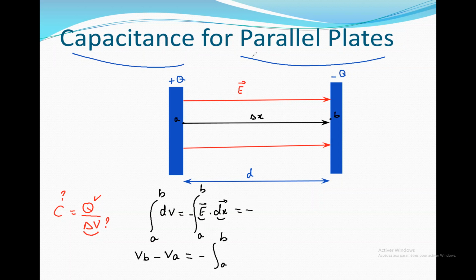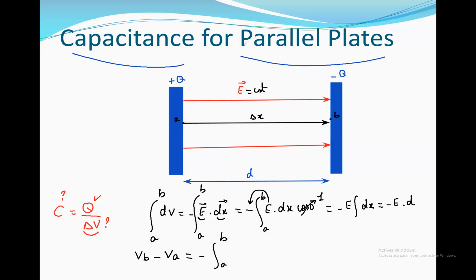In the case of a parallel plate, E is constant. So we can write E dot dx cosine 0, which equals 1. E is constant, so we can put it outside the integral between A and B. We get minus E integral of dx equals minus E times (xb minus xa), which equals d.